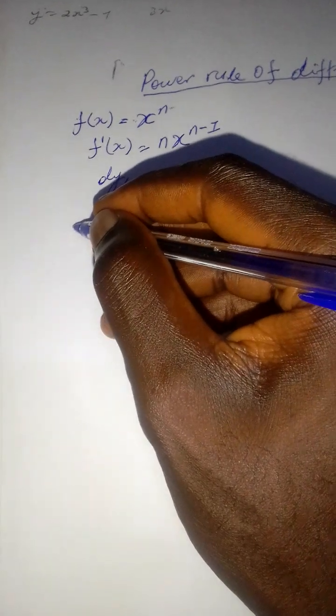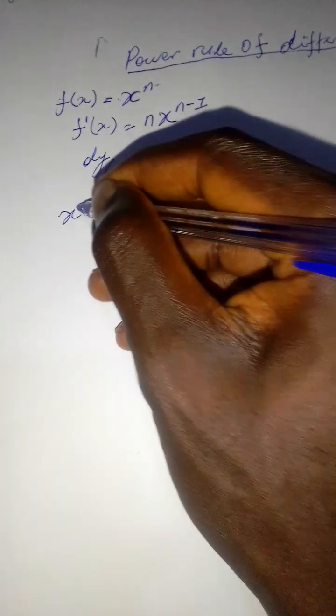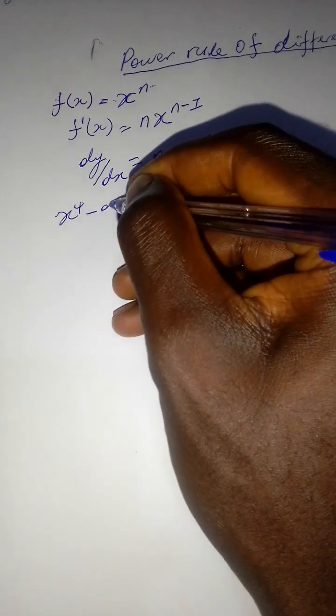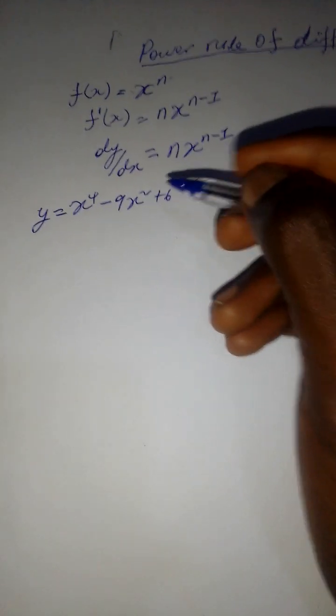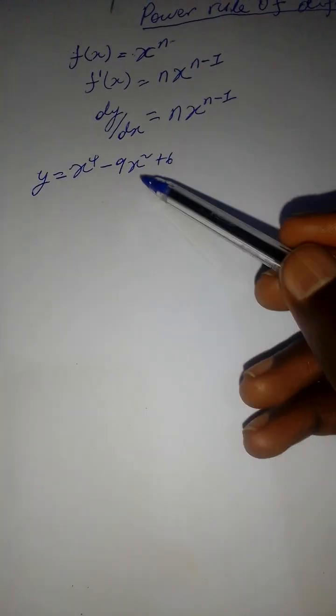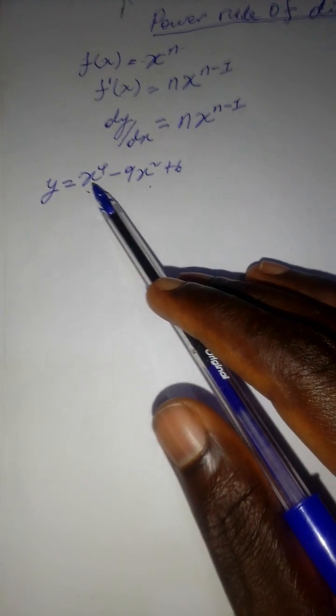Let's say we have a function x to the fourth minus 9x squared plus 6, and let's say this function is equal to y. If we are to find dy/dx of such a function, what we do is we differentiate each term separately.